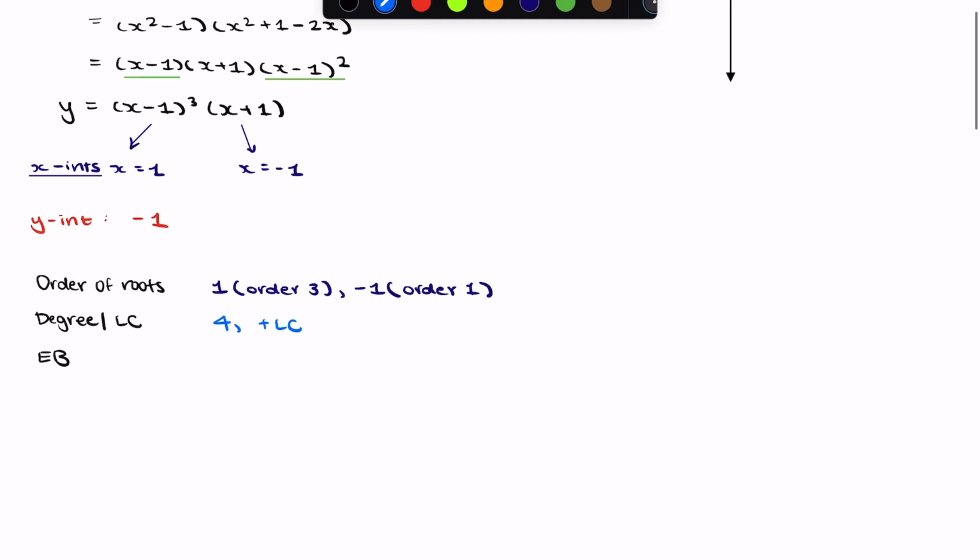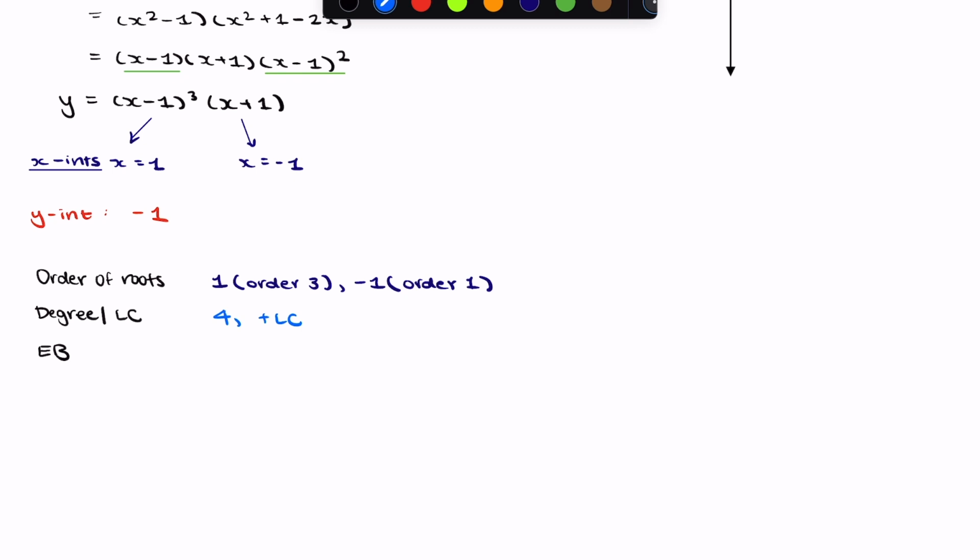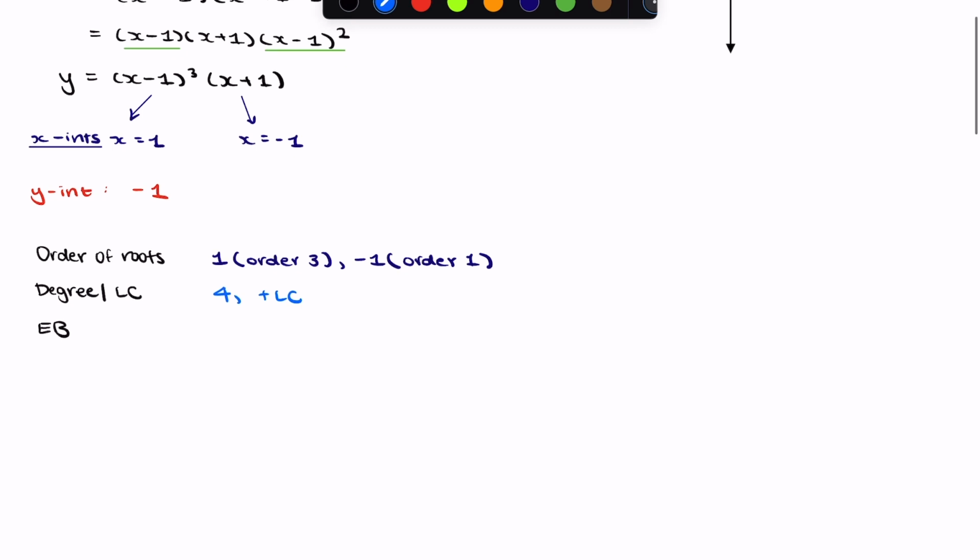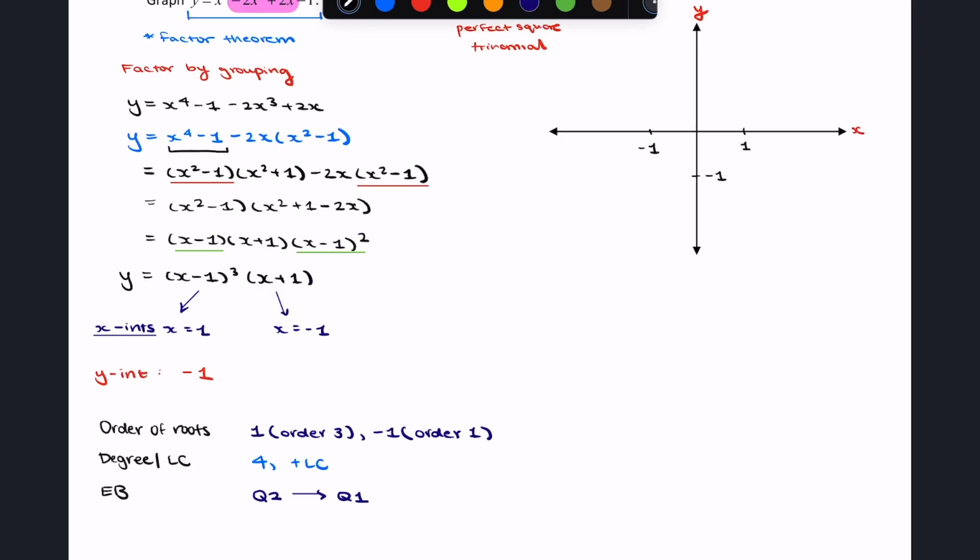That means for degree 4 with a positive leading coefficient, our end behavior is that we're going to start in quadrant 2 and end in quadrant 1. When we look at our function, we'll start in quadrant 2.